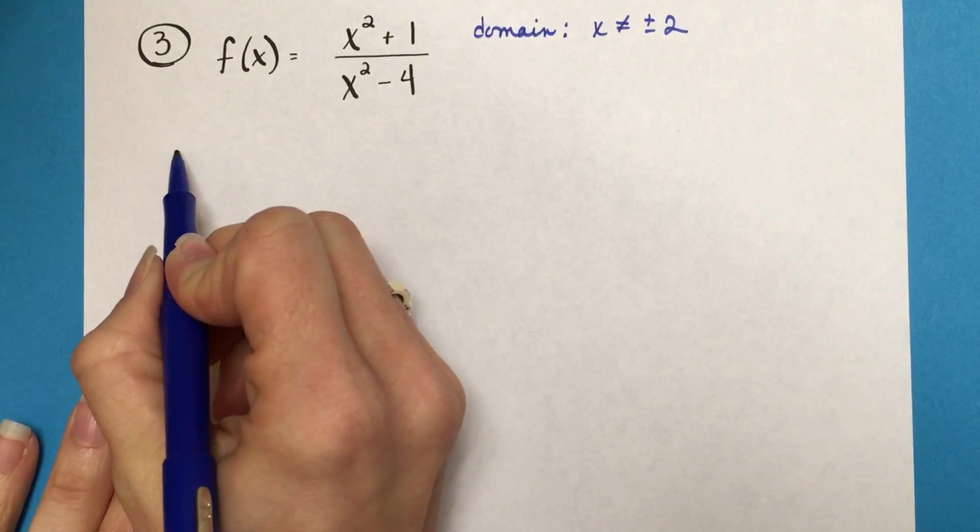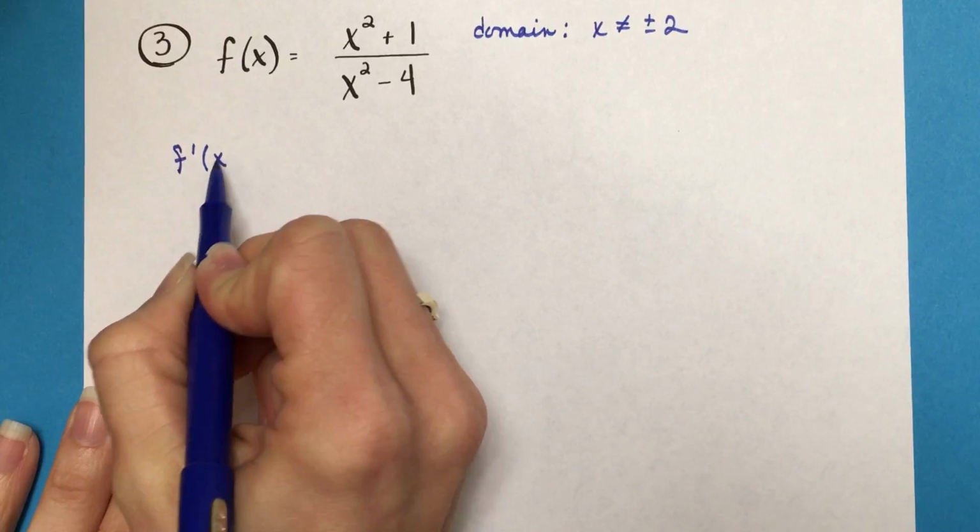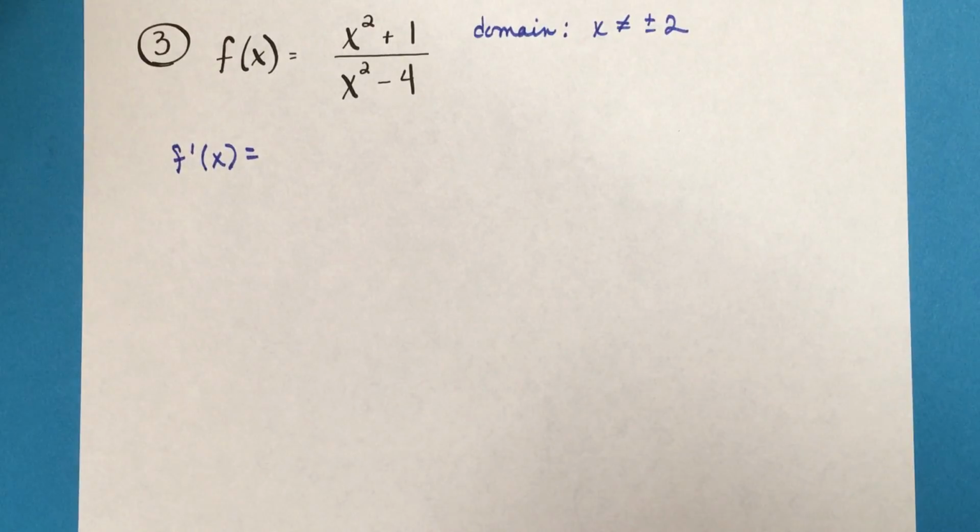Okay, first derivative. Now, because you're already accustomed to doing derivatives, and this is going to be quotient rule just like the last example, I'm just going to kind of cheat here and save us some time, and go ahead and tell you what these derivatives are. What I would suggest you do, though, is work it out in your notes and see if you get the same answer that I'm fixing to give you, okay?